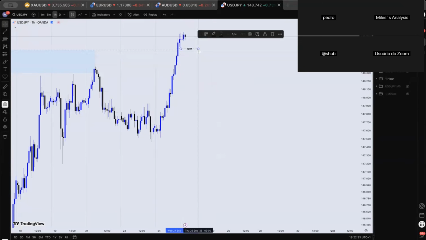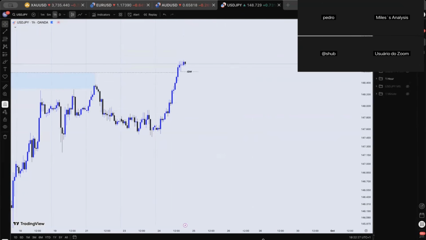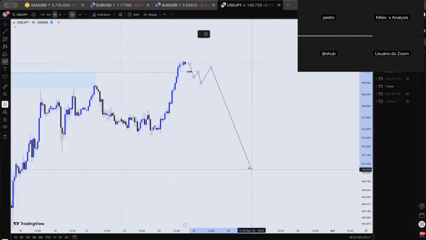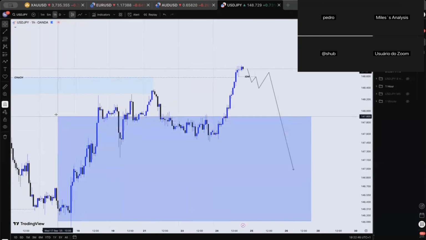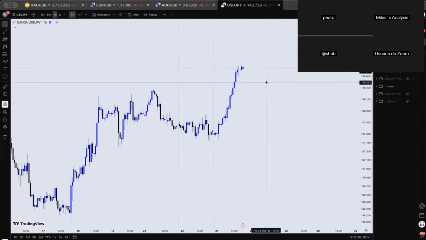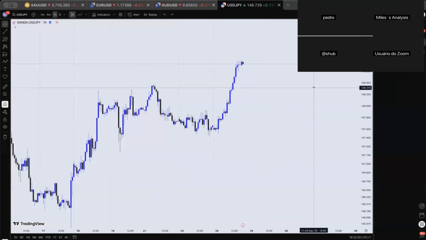Usually if price goes up with very strong momentum like it did here, price will come back, take out inducement, and do something like this, and then start a reversal, rebalancing all these areas and taking all the liquidity left in these areas. So this is what we may see on the USDJPY. But for that to happen, we need to see a change of character first on the lower time frames before we can start taking entries on the 5 minutes time frame.